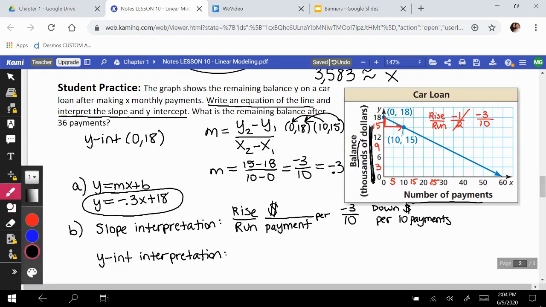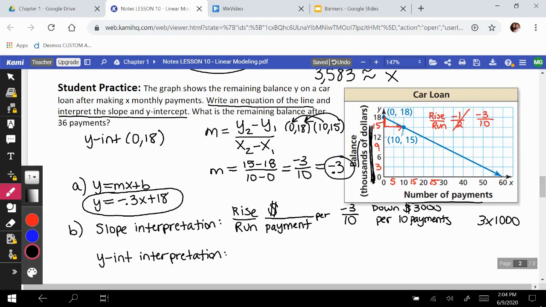The reason I'm moving the decimal over is because the first time is 10th, then 100, and then 1,000. You could also multiply 3 by 1,000 in order to get how much money you're going down every 10 payments. So I'm saying we're going down $3,000 per every 10 payments.